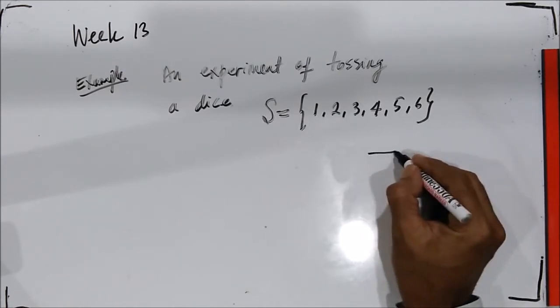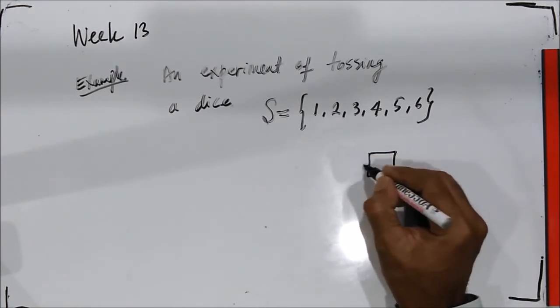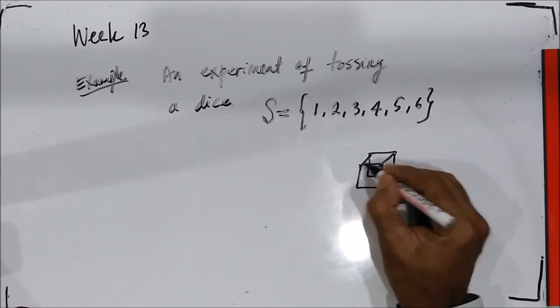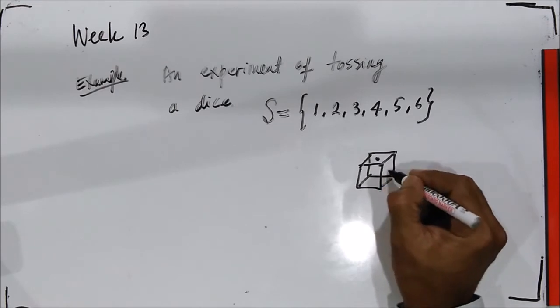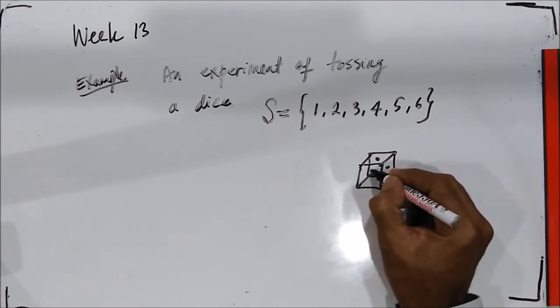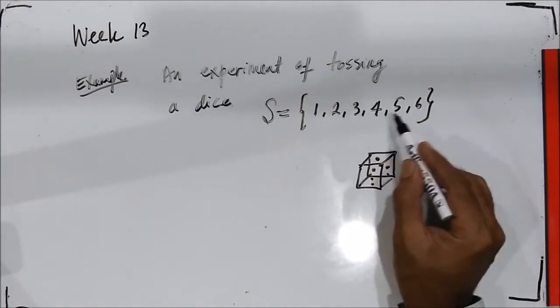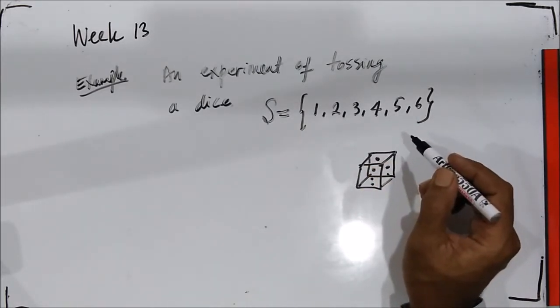So let's say here I have a dice. A dice consists of 6 numbers: 1, 2, 3, and so on, up to 6.